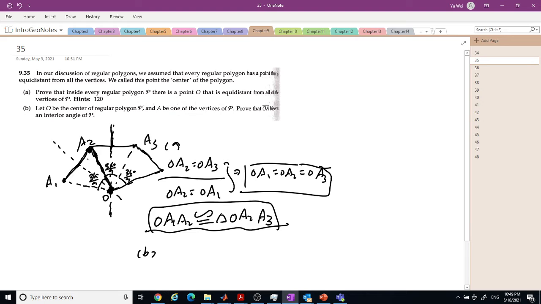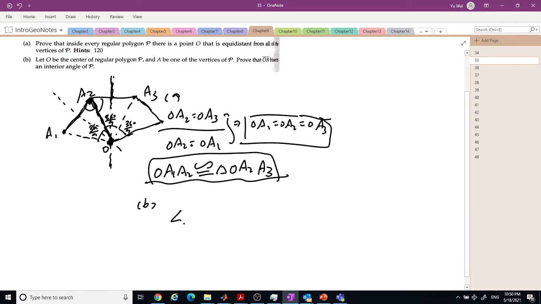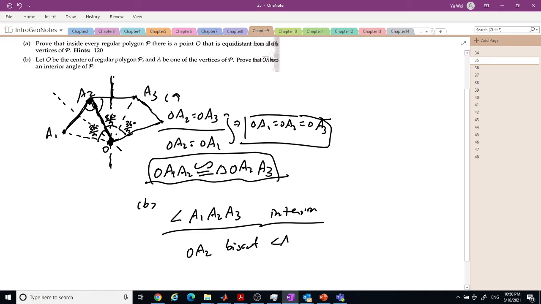Because A1A2A3 is one interior angle, we want to prove OA2 bisects angle A1A2A3, so we prove this angle equals this angle.